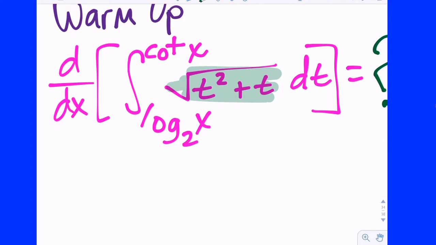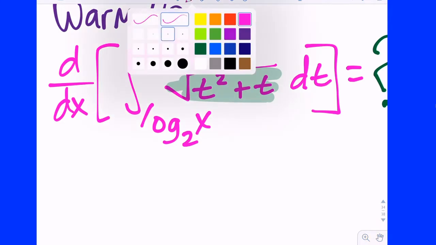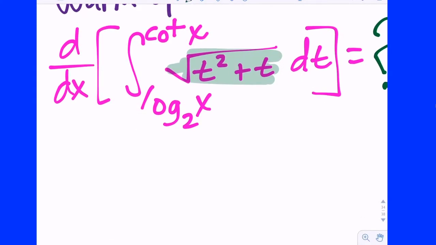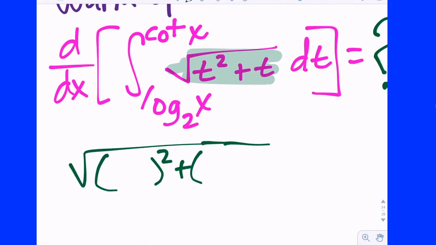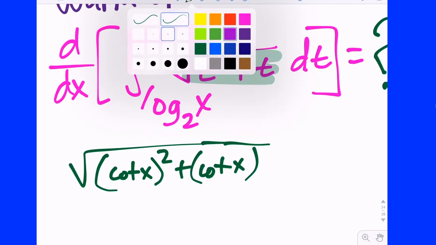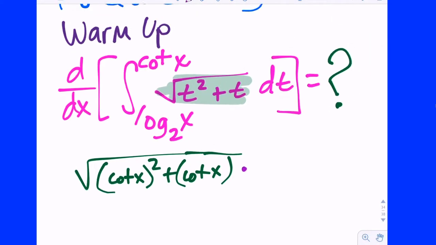Rather, we can use that general rule, which says to do what first? Plug in the top, right? So everywhere there's a t, we're going to plug in the upper limit of integration, which is cotangent of x. So we plug in cotangent of x. And then what? Right, times the derivative of what you plugged in.